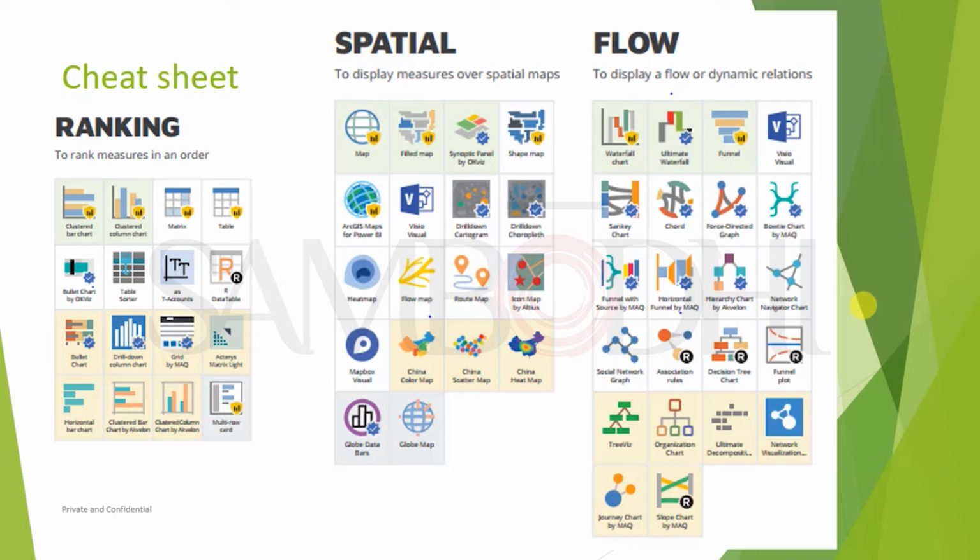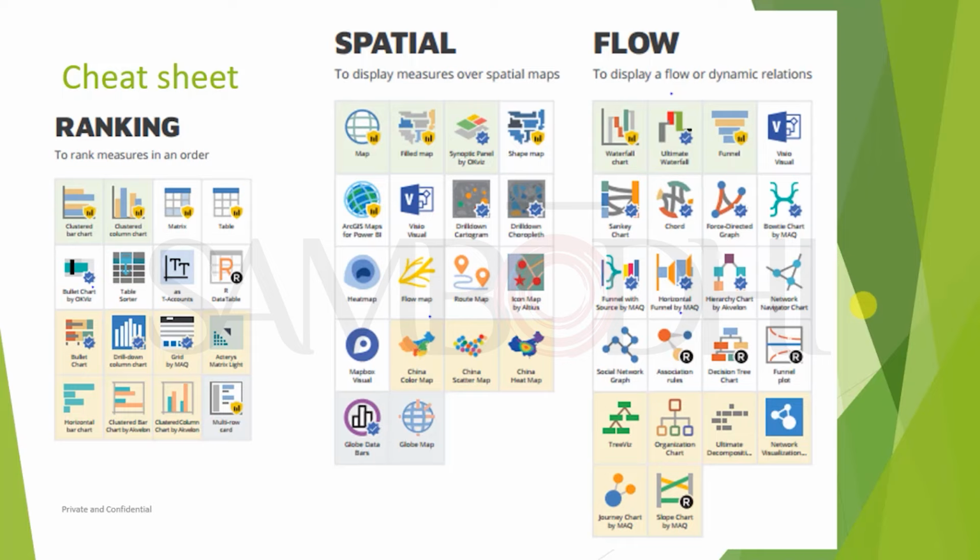There is a waterfall chart which shows different stages. Then there is an alternate version custom developed by a third party and hosted on AppSource. Then there is chord, then there is force directed graph. So things that move from one thing to another can be shown over here.